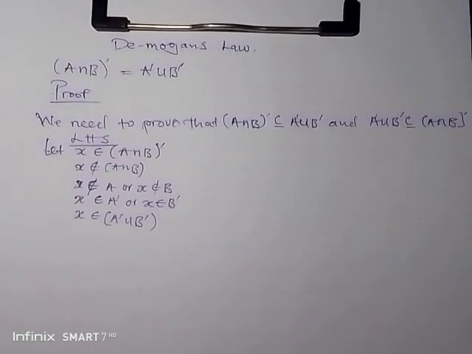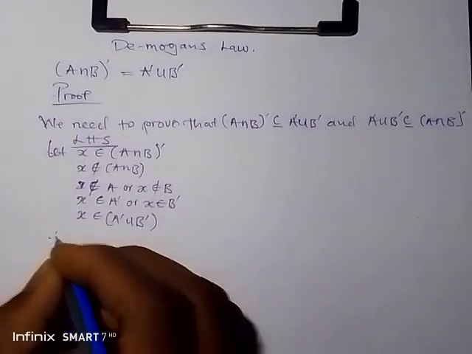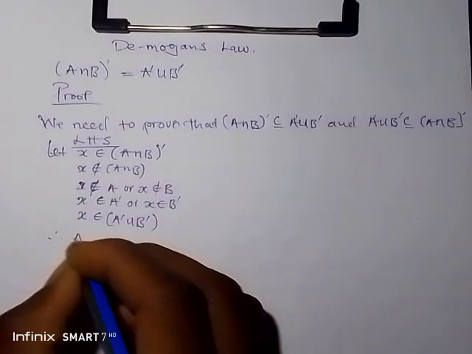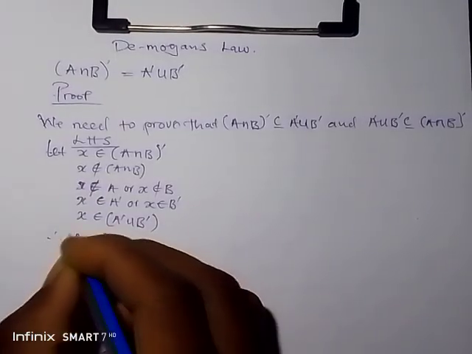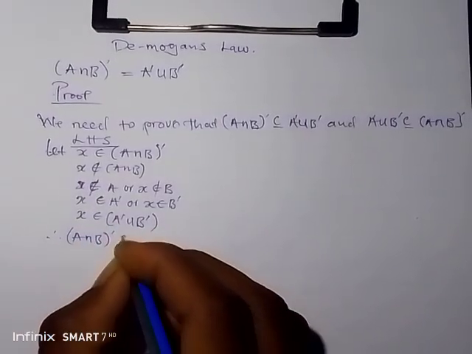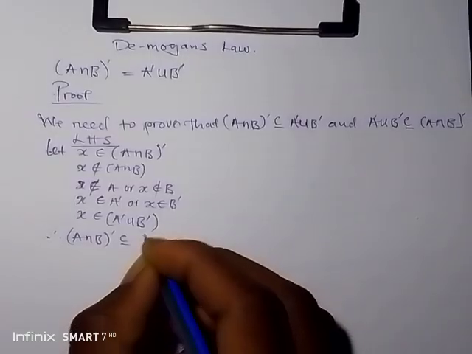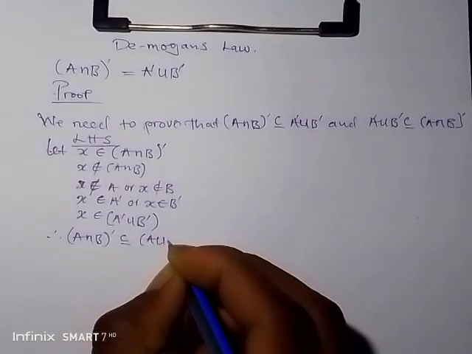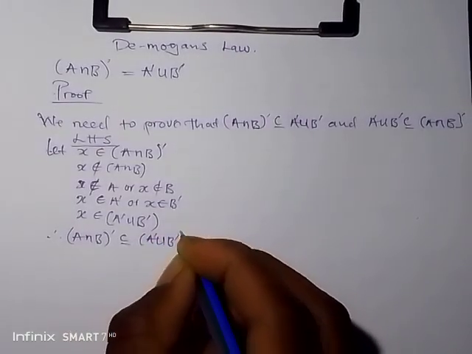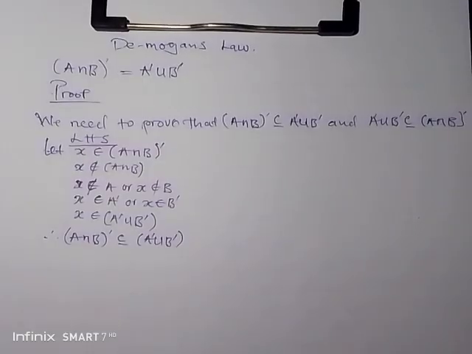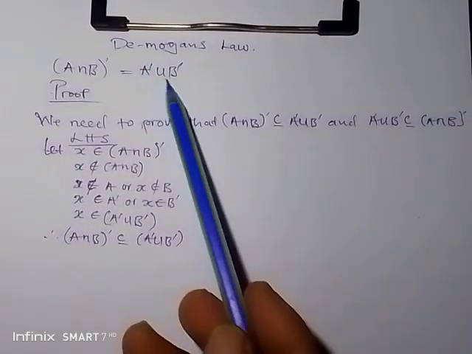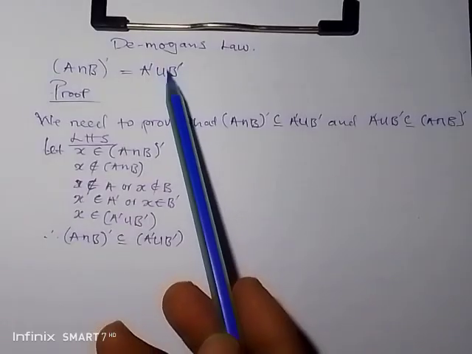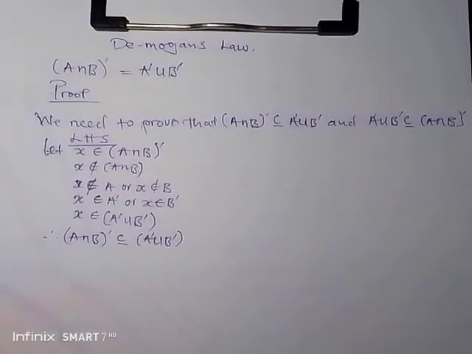Then we can conclude and say, therefore, (A intersection B) complement is a superset of A complement union B complement, everything complemented. This means we have proved the left hand side. Now we also need to prove the right hand side, that it is equal to the left hand side.